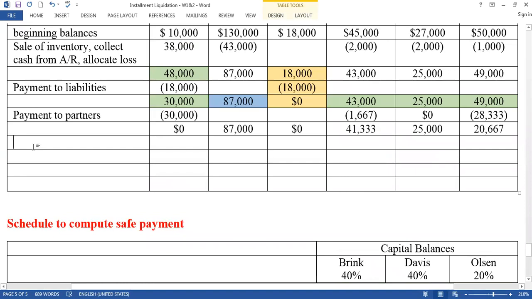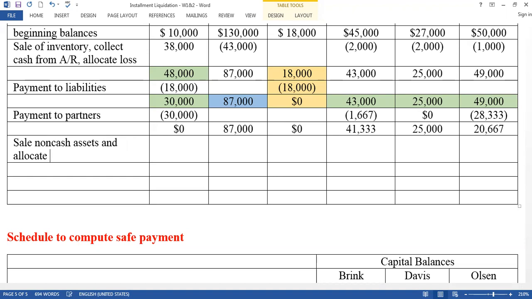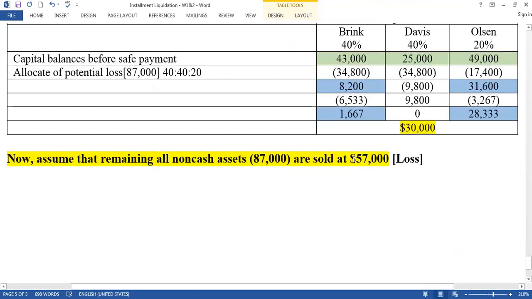Now you can say: sell non-cash assets and allocate loss to the partners. So we sell all of our non-cash assets, and how much cash do we receive? We receive cash of $57,000, right?